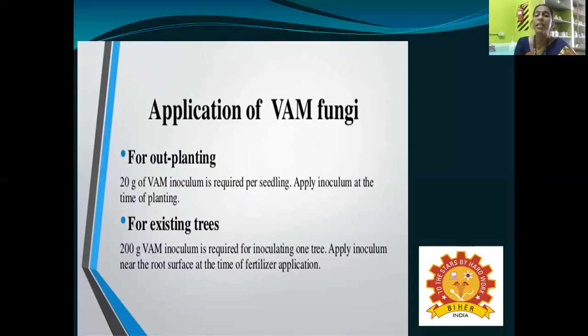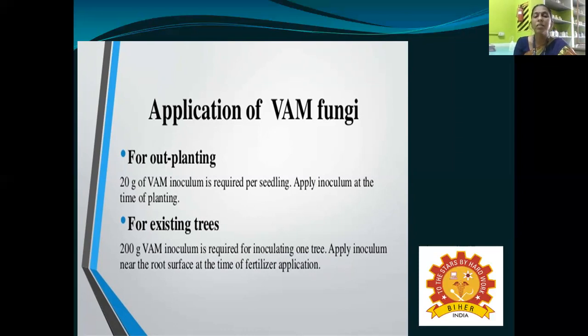Outplanting means the seedling case. In that seedling case, only the concentration varies. So 20 grams of VAM inoculum is required per seedling, and apply this inoculum at the time of planting. And finally, for existing trees also, 200 grams of VAM inoculum is required for inoculating one tree.